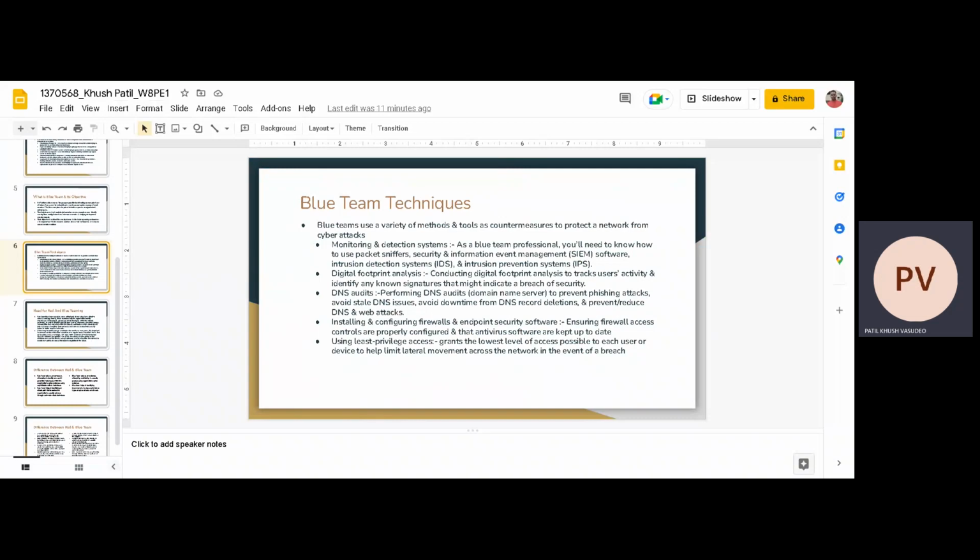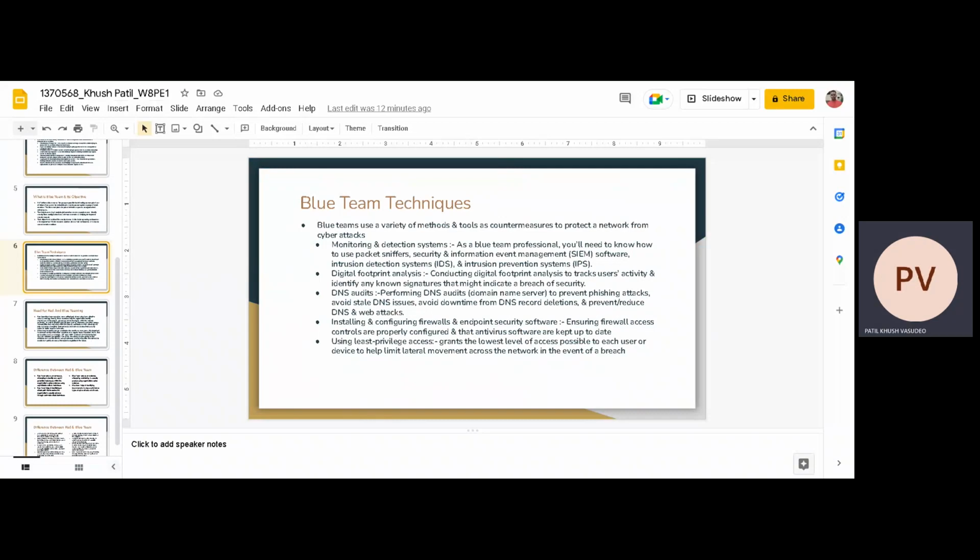Then installing and configuring firewalls and endpoint security systems. Firewalls ensure that the access controls are properly configured, so only those who have proper access pass through, and those who don't are stopped by the firewall. And antivirus keeps the endpoint secure, that is, the enterprise user or the customer. Least privilege access.